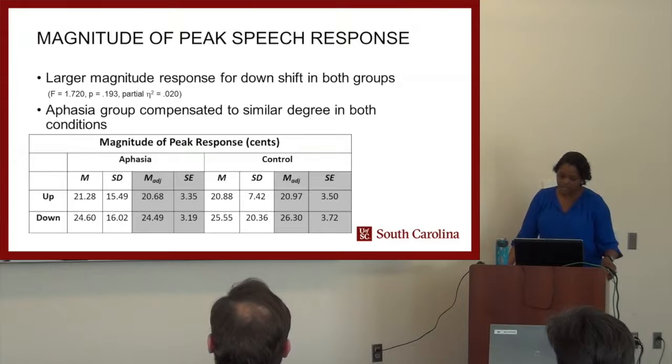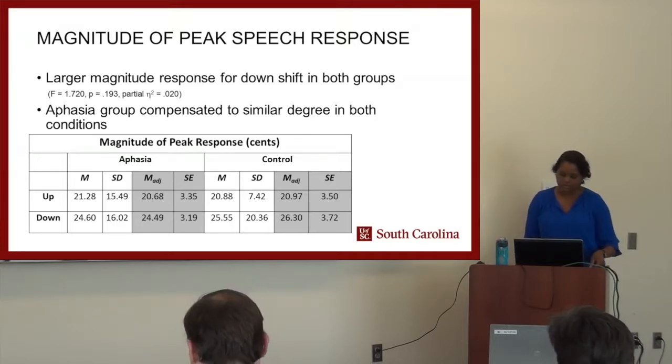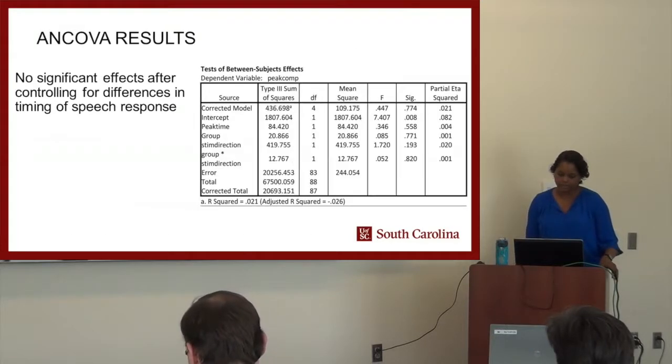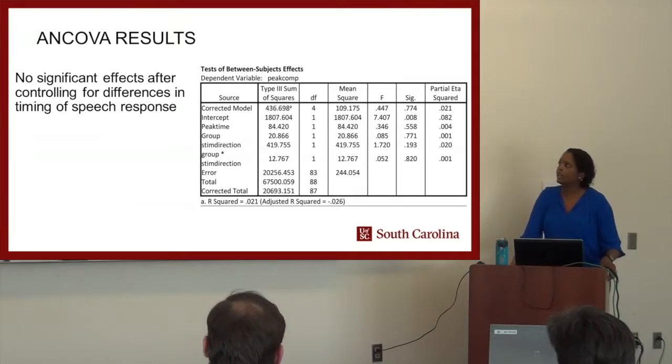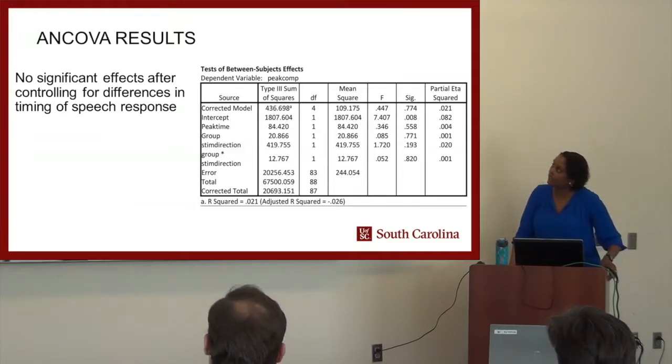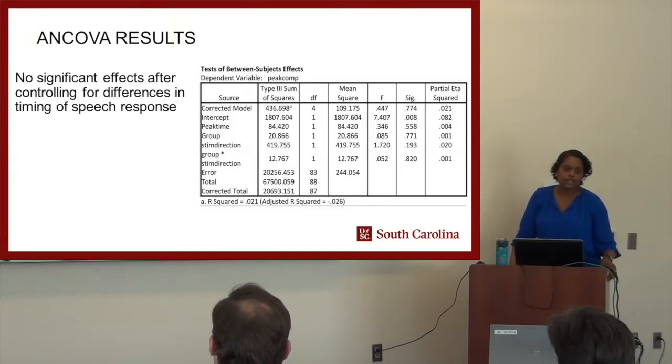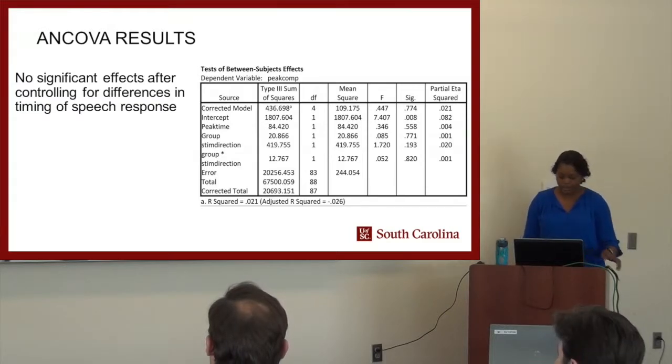For the downshift, there was actually less variation, whereas for the upshift, there was more variation. But overall, the levels were very similar in both groups. So then we conducted an ANCOVA, and the model ended up being insignificant, so there were no significant main effects after controlling for differences in the timing of the speech response.